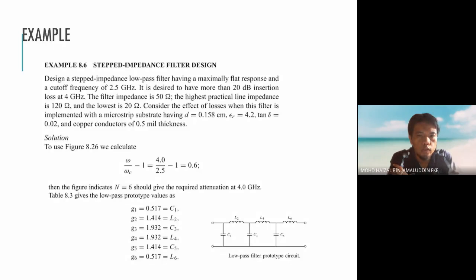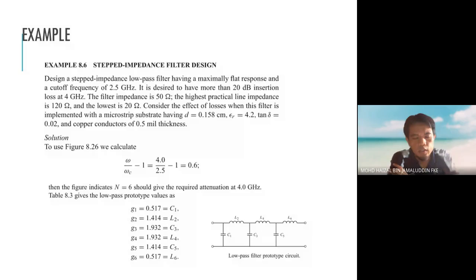It requires 20 dB insertion loss at 4 gigahertz. The filter impedance is 50 ohm, the highest practical line impedance is 120 ohm, and the lowest is 20 ohm. Consider the effect of losses when the filter is implemented with a microstrip substrate having given permittivity, loss tangent, and copper conductor. So design your filter.